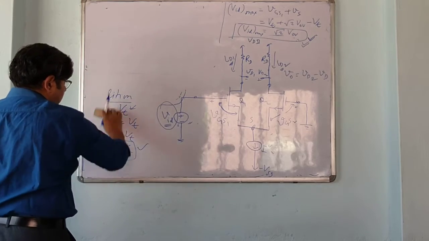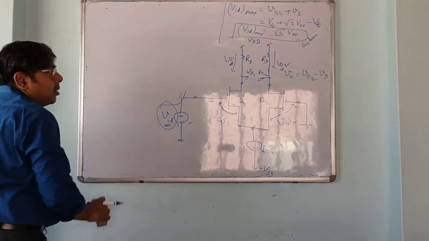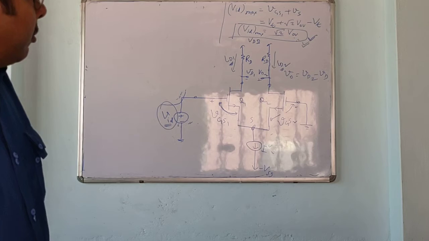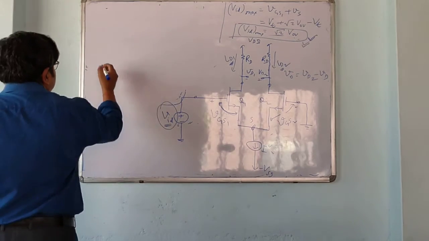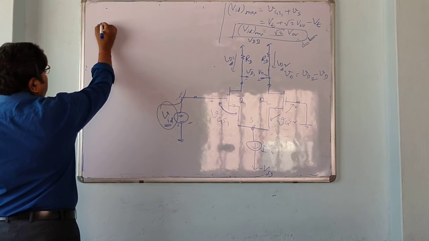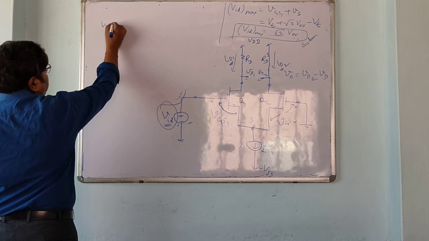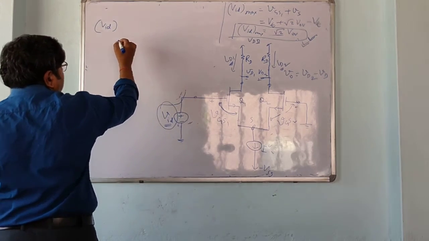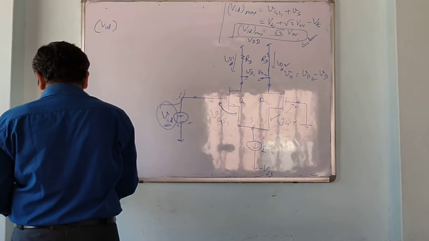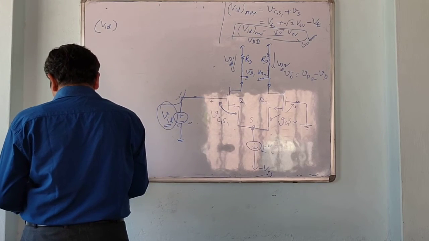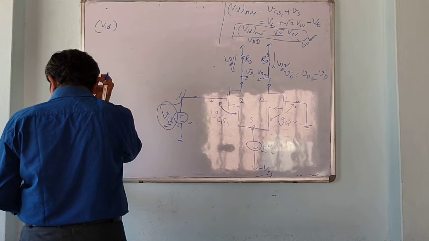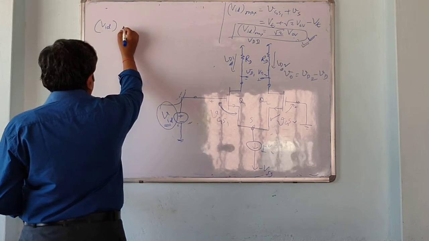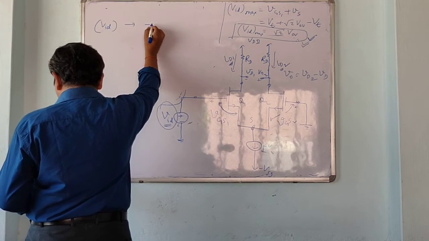And in the opposite direction, similarly we can say when VID is negative, this is the minimum value. This is minus root 2 VOV.